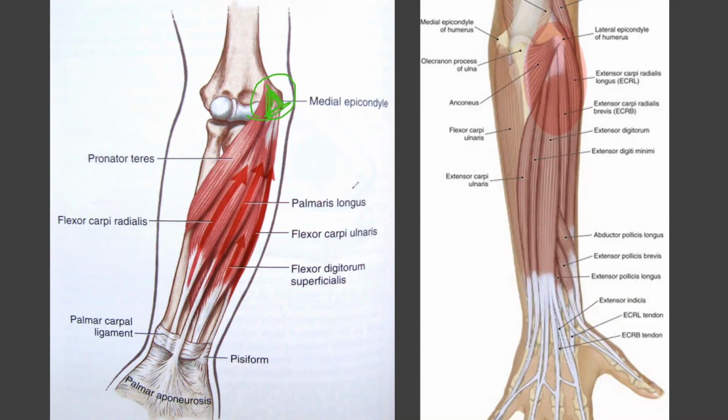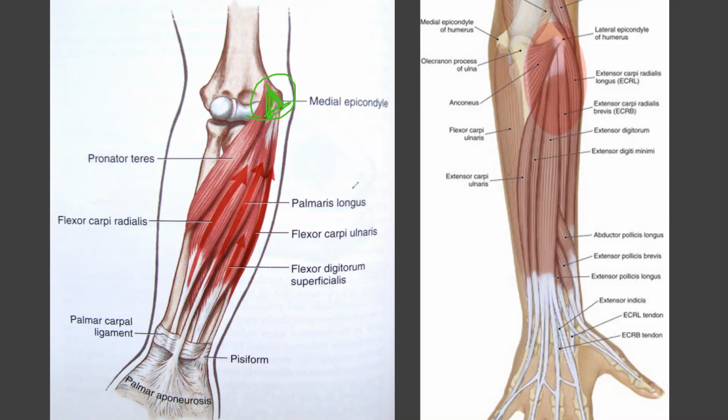Your wrist flexors are going to be much stronger than your wrist extensors. So when you're using these, you're placing a ton more strain on the medial elbow than you would on the lateral elbow with your wrist extensors. Think about it. How many of you have ever done wrist curls before?